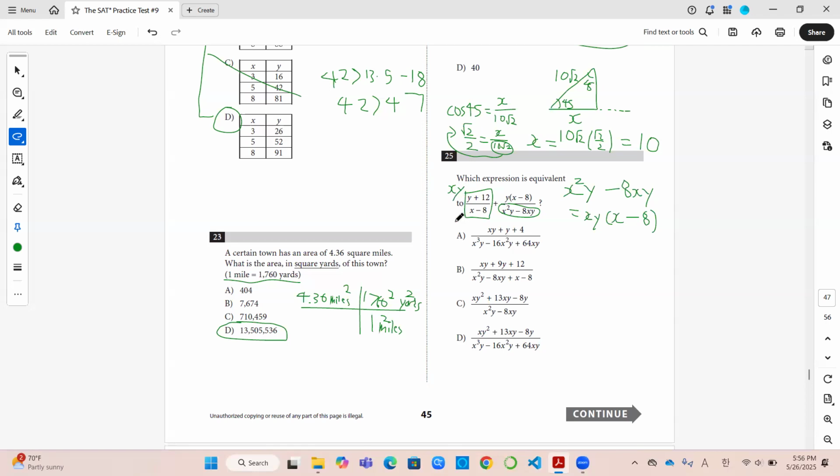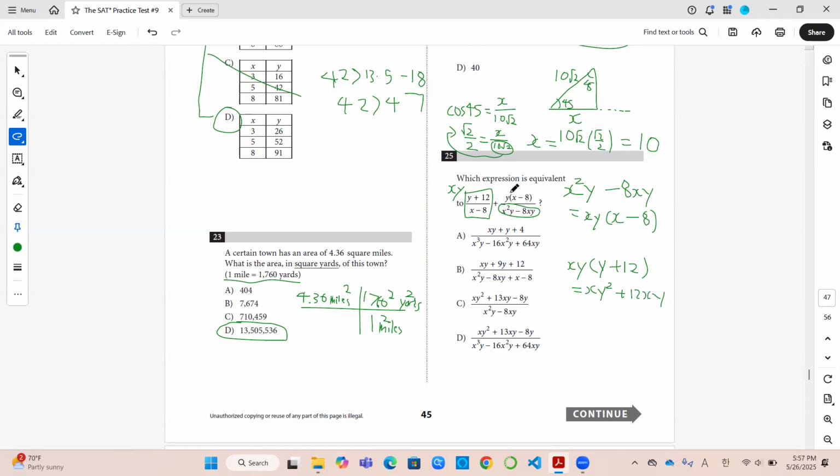So what I'm going to do is, since xy times x minus 8 is going to equal this, I'm only going to be dealing with the numerators. So we'll go ahead and do that. xy becomes xy squared plus 12xy.